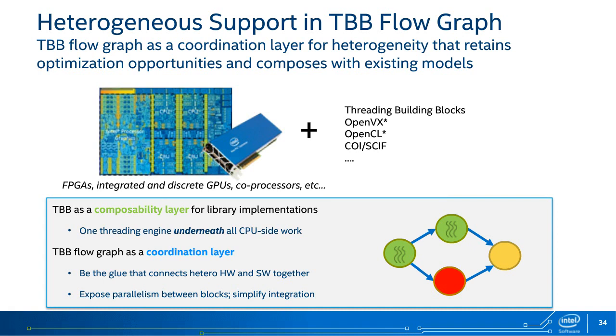But the basic idea is that the flow graph can be used not only to express parallelism that should be executed on your host CPUs, but you could also use it to encapsulate computations that should be offloaded to devices like GPUs or FPGAs. And there have been features added to the flow graph API that allow you to express that these should be offloaded asynchronously to these accelerators. And it simplifies the process of doing that for you.